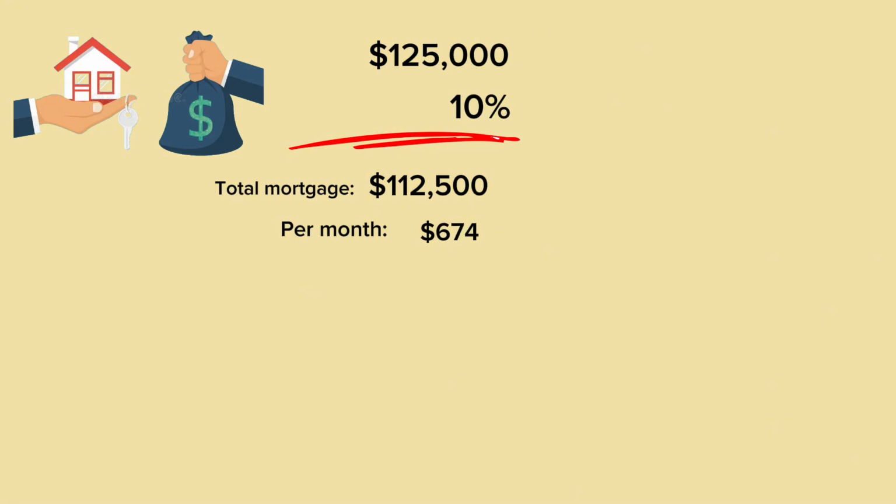Then this is not the only expense you have for the property per month. You've got to pay taxes and insurance. So what they do, the mortgage company, they total all the expenses in one payment to make sure that you are paying the taxes, or they pay the taxes for you, and they add it to your mortgage payment.